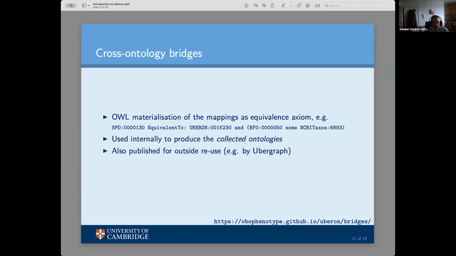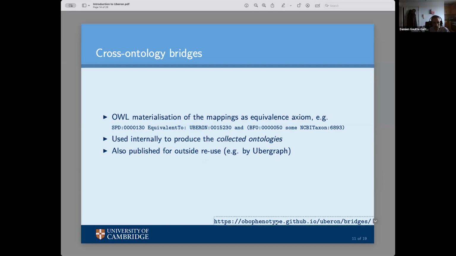So internally, we use the bridges to produce the collected ontologies. And again, we also publish the bridge files so that they can be reused by other projects. One known user of those bridges, for example, is the Ubergraph project, which uses them to merge Uberon with, among other things, some of the taxon-specific ontologies, and to make sure that when those ontologies are merged together, we have the proper relationships between terms from Uberon and terms from the taxon-specific ontologies.